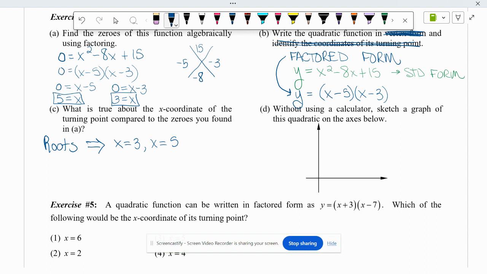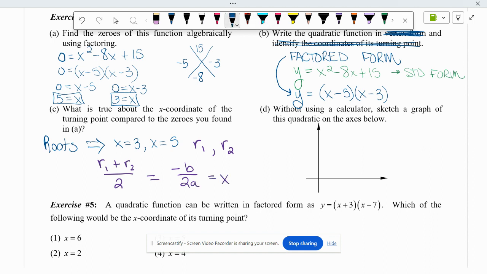Just for the sake of not using a whole bunch of variables, I'm going to call them root 1 and root 2. So there's this rule, this equation that says (root 1 plus root 2) divided by 2 equals the axis of symmetry.